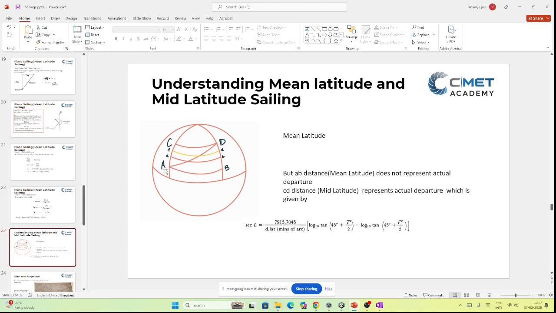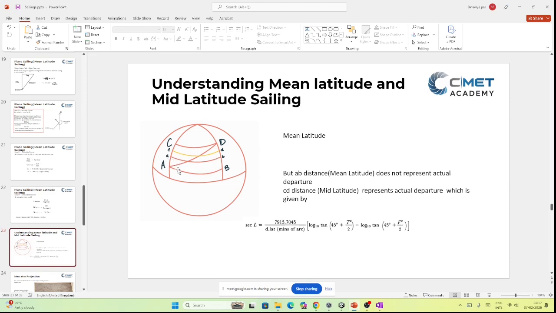A is the departure port, D is the arrival port. The departure port latitude is going to be AB, and the arrival port latitude is going to be CD, and the mean latitude is basically the arithmetic mean of these two latitudes, which will be represented by simple A and B. So that is the mean latitude.